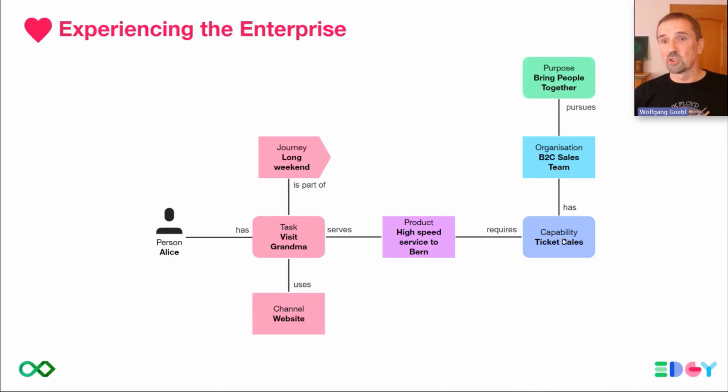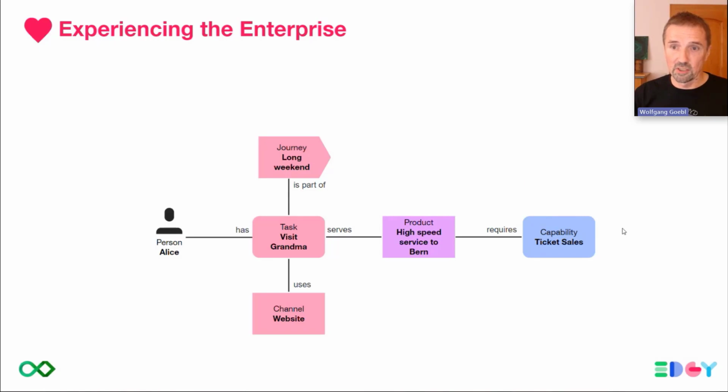And this organization pursues a certain purpose, another relation in our language. And what you can see here, the topic today is organizational design in EDGY. So how are IT and organizational design related? I have a clear opinion. I think in the future, organization design, how we structure our organization into teams, should be done seamlessly together with the modularization of the IT and in a capability-first approach.